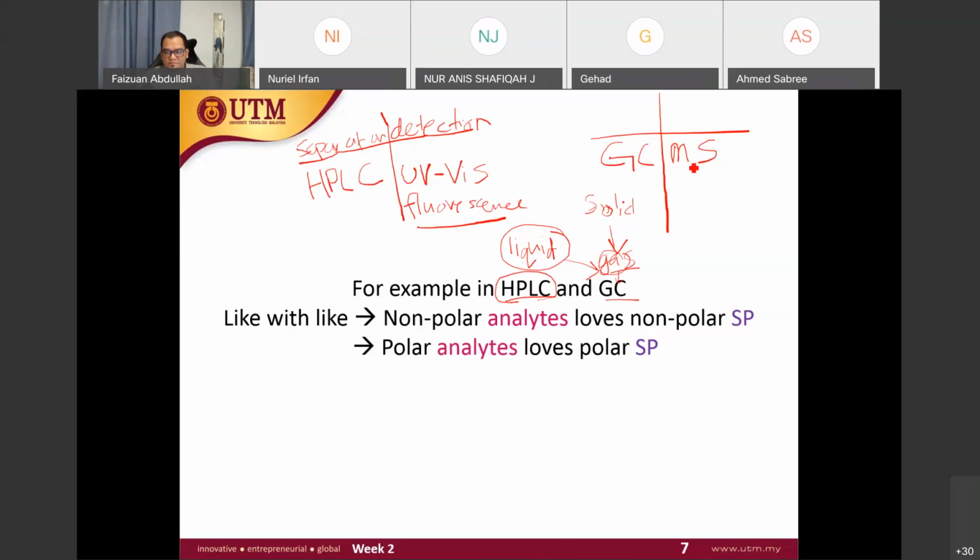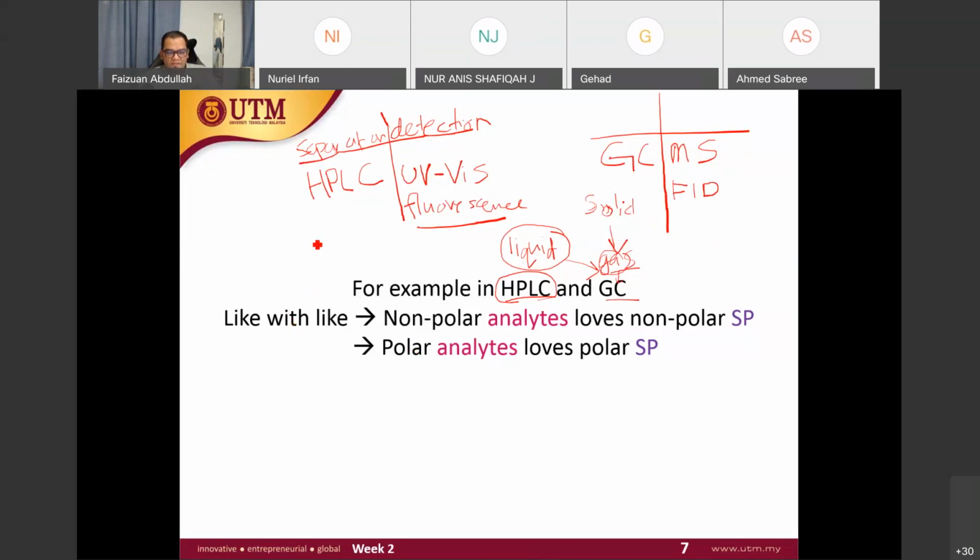Mass spectrometry. Yes, mass spectrometry. Also, for GC, we have FID. What is FID? We will learn after this.